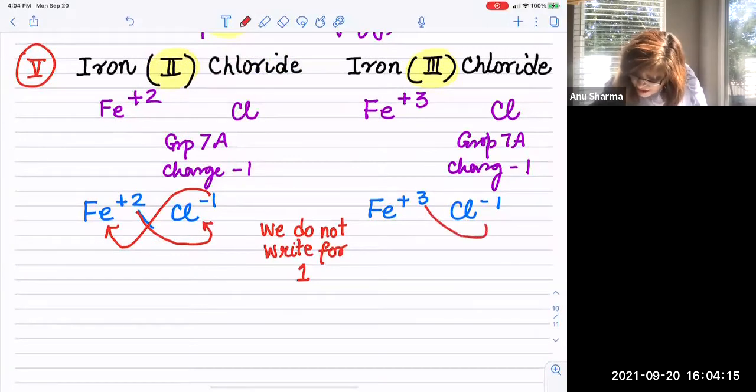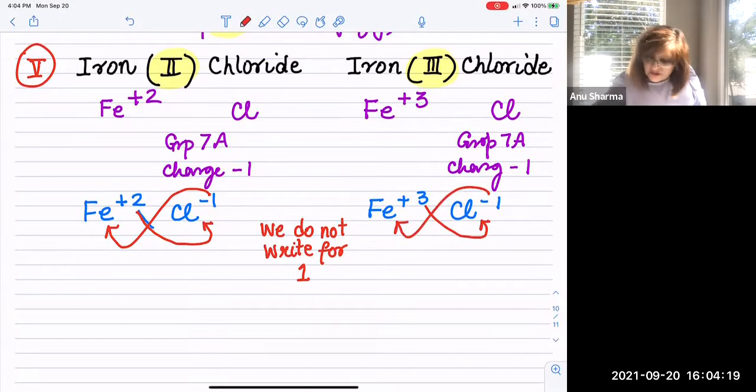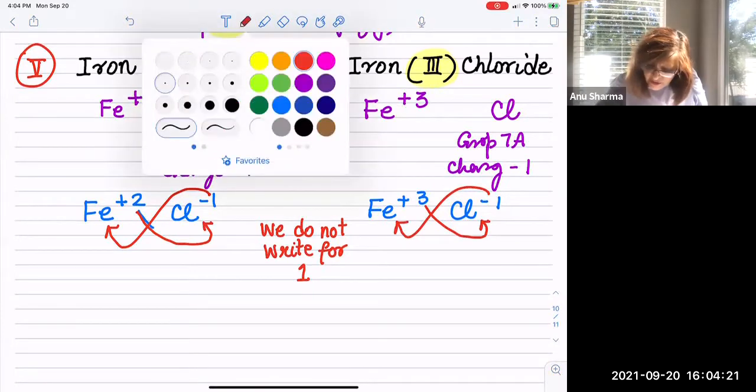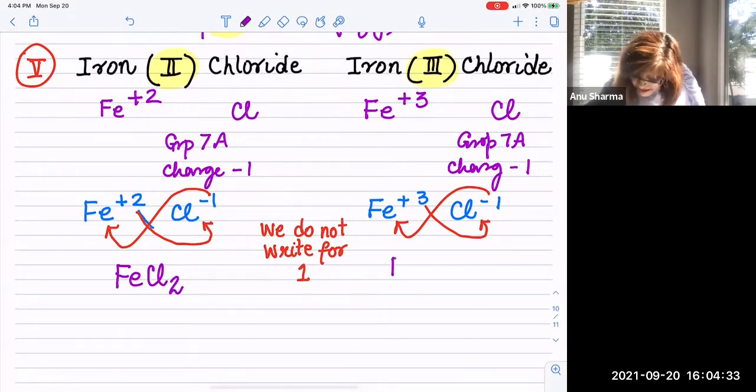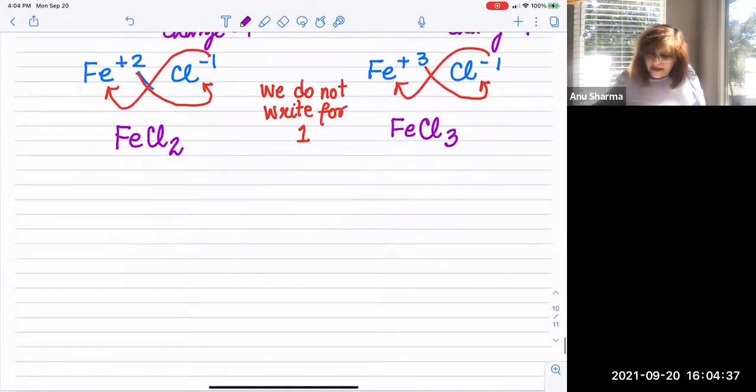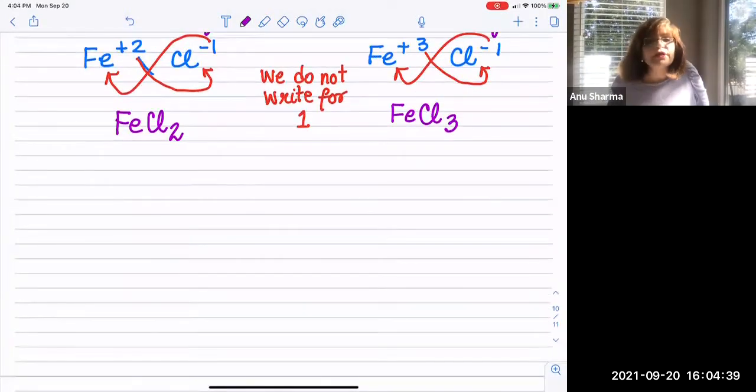I'm just bringing in only the numbers in the subscript. So crisscross. So now we have what? We have Fe, for 1 we don't write, so Fe, and for chlorine, FeCl2. And this becomes FeCl3.